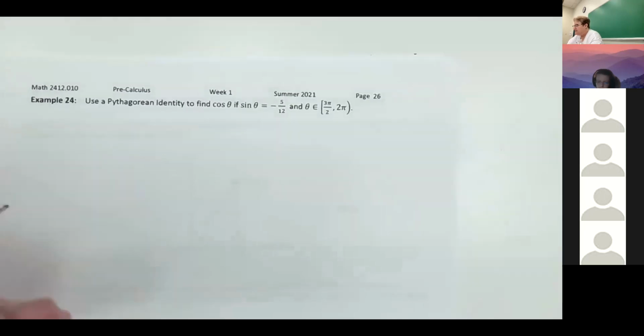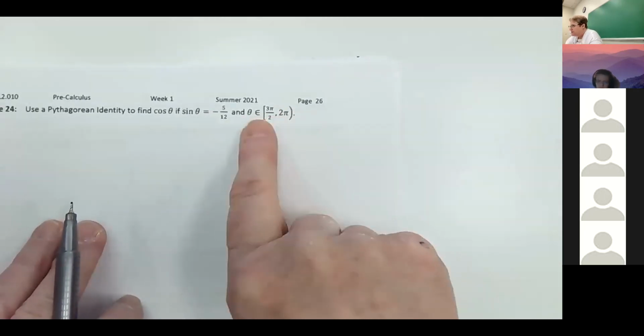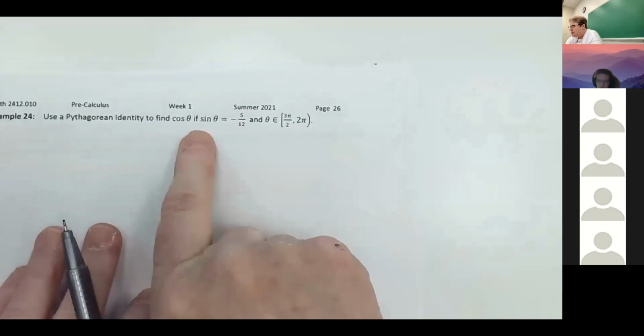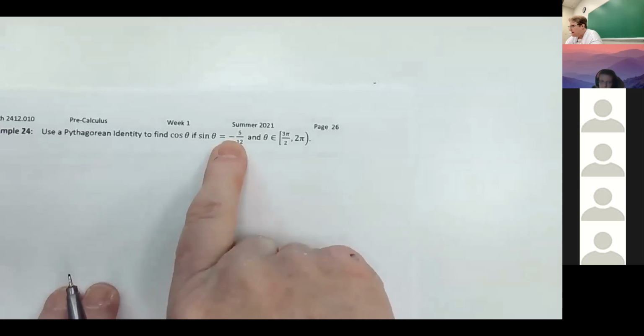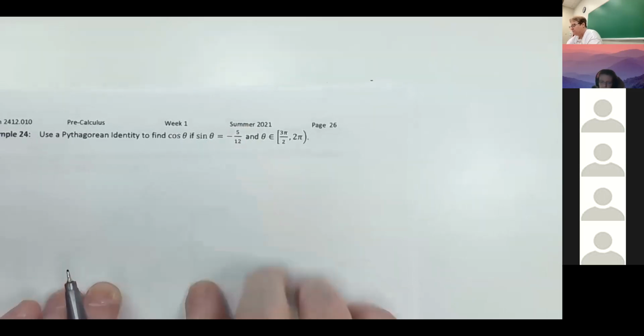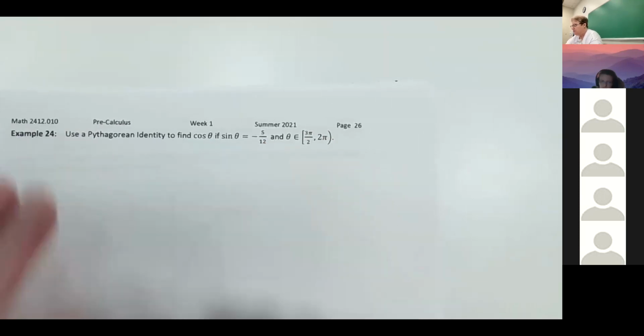So let's do something. We're going to ignore where theta is at first. Let's find cosine theta if we know that the sine of theta is -5/12. So what am I going to use to find cosine theta?